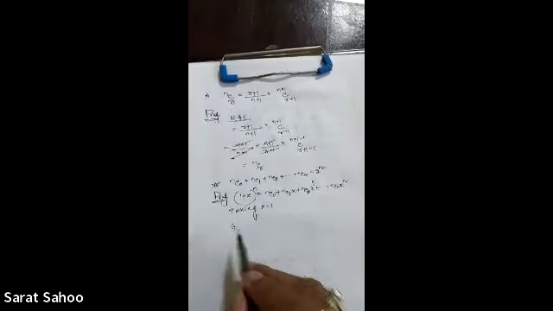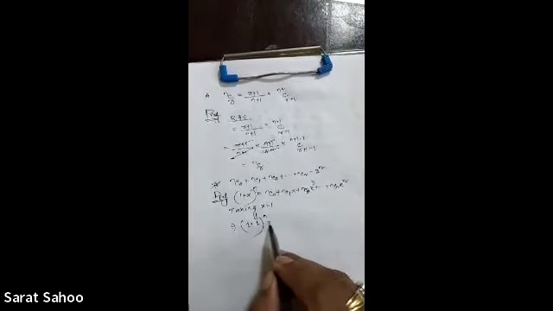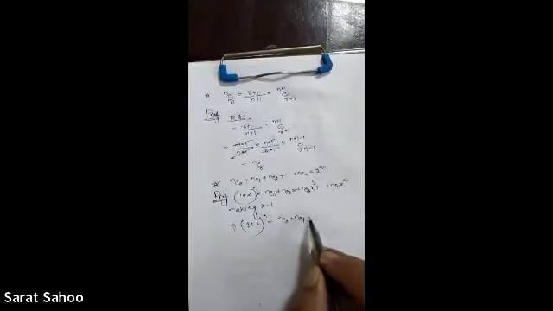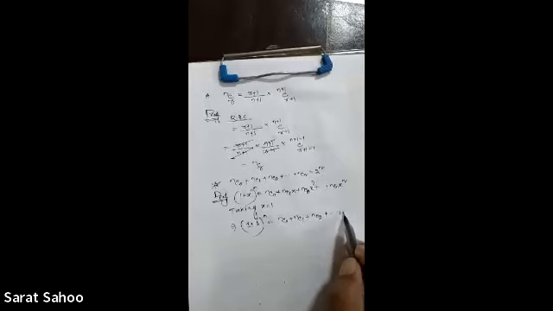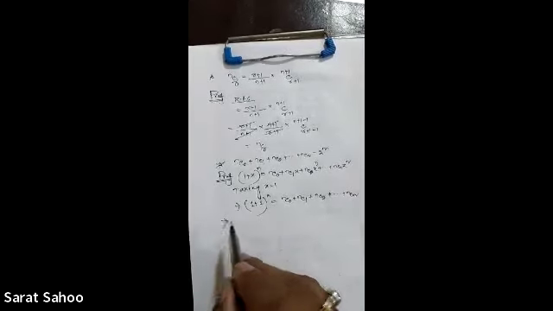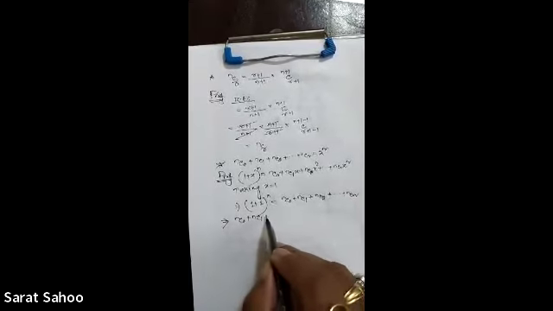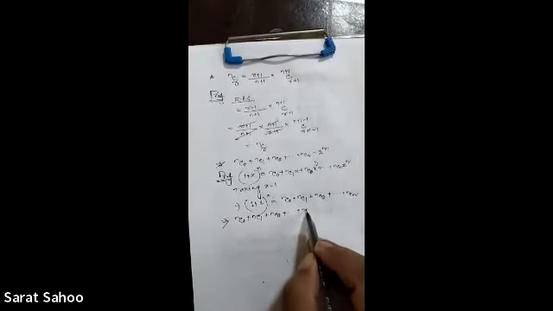The left hand side of the expression will be (1 plus 1) to the power n, equal to nC0 plus nC1 plus nC2 plus up to nCn. This implies nC0 plus nC1 plus nC2 plus up to nCn is equal to 2 raised to the power n.